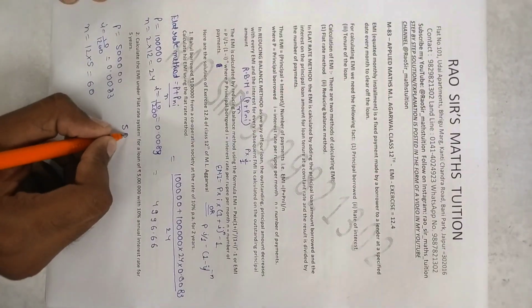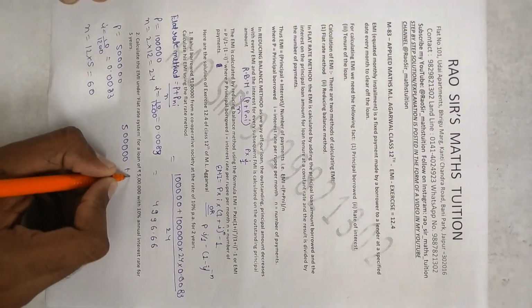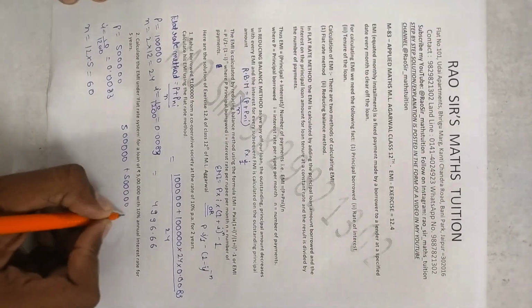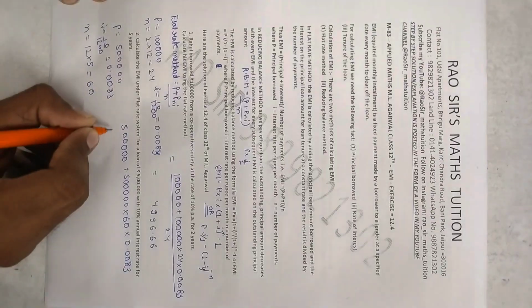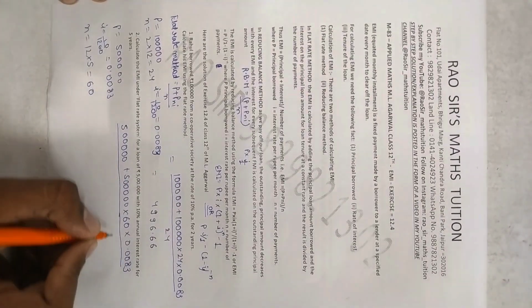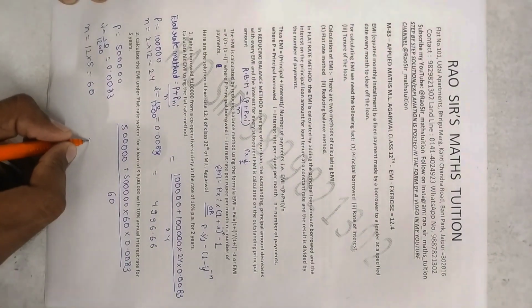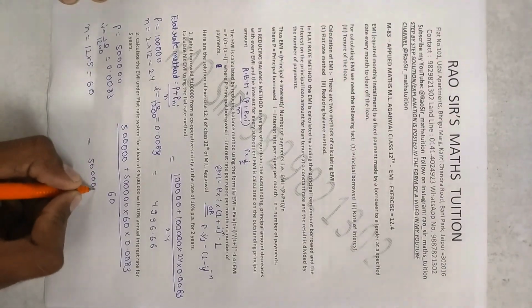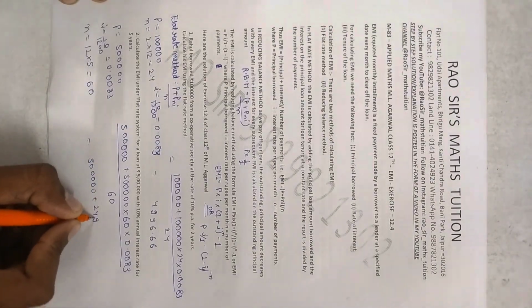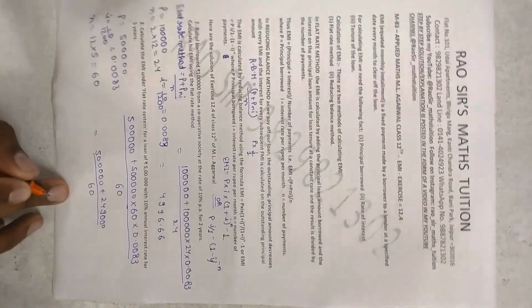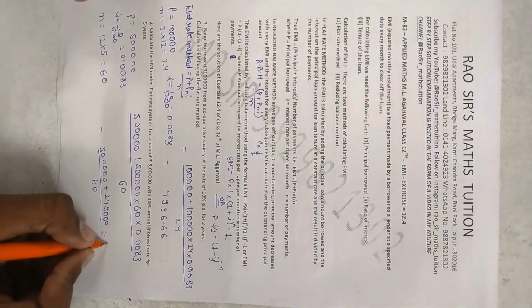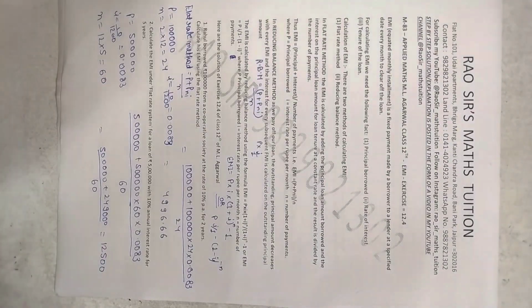Same formula we are putting here, whole upon 60. After solving it, we get 12,500. Perfect.